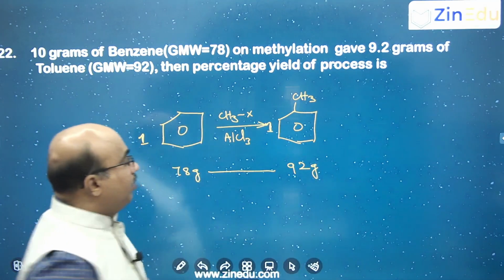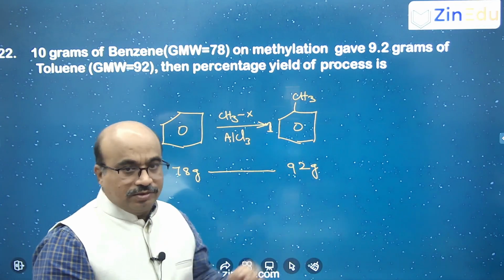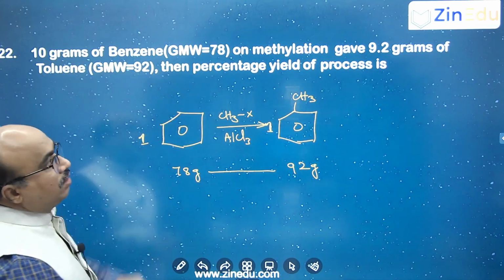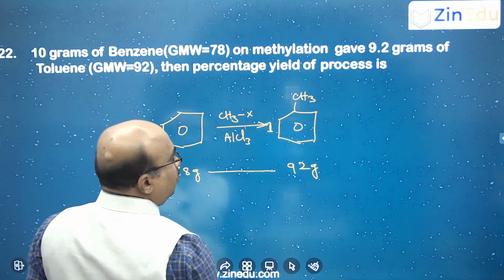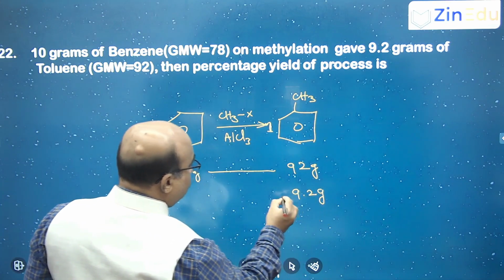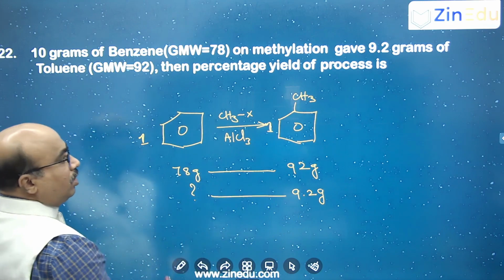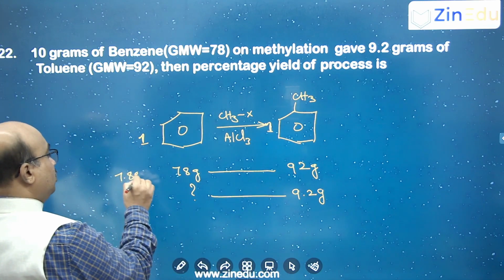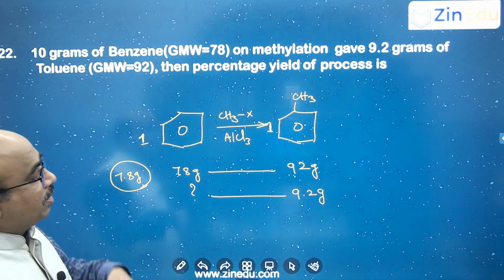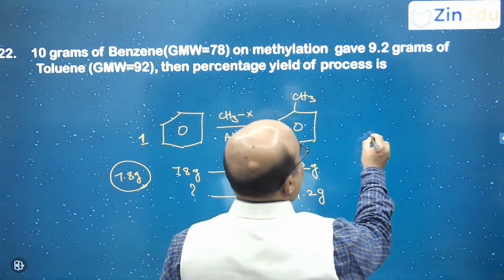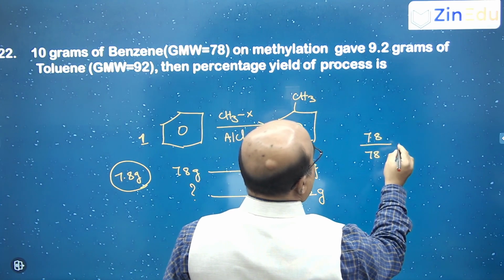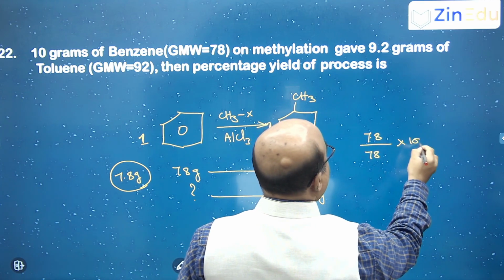Now, 10 grams is giving that, but assuming that 10 grams is completely benzene, 9.2 grams only we are getting. Means how much benzene has converted? 7.8 grams of benzene is only reacted out of 10 grams. So what is the percentage? That is 7.8 by 78 into 100.